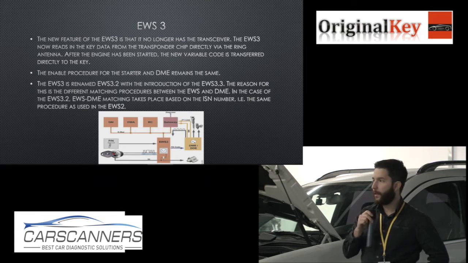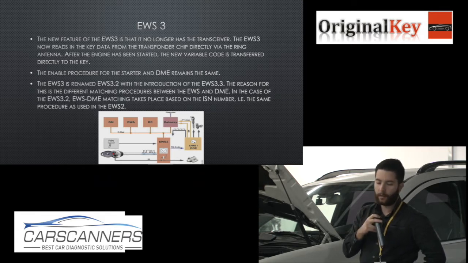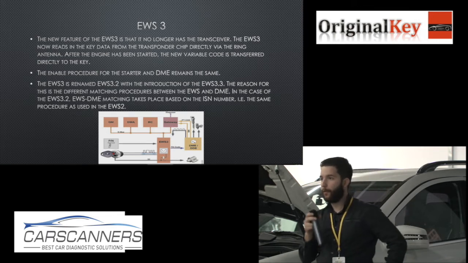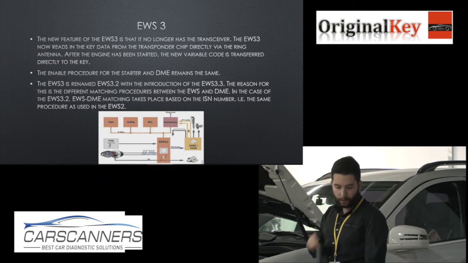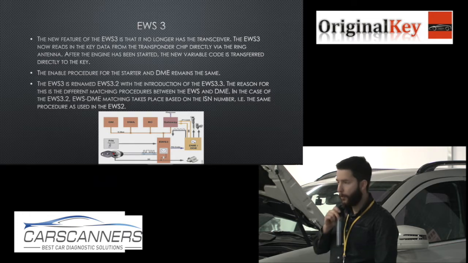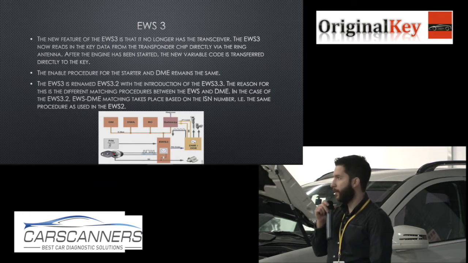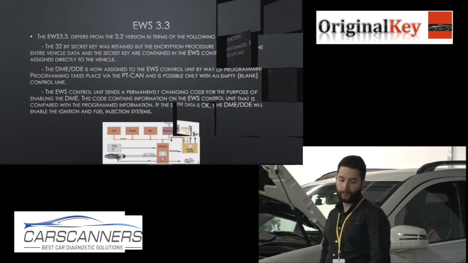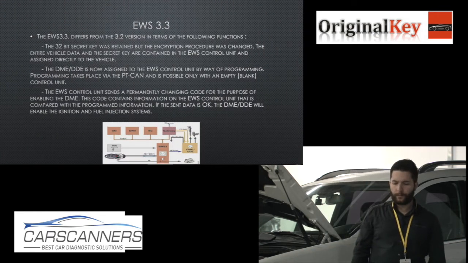As we said, it takes place based on the ISN number in EWS2 and EWS 3.2. And on the next slide, we'll see how it happens on the EWS 3.3.